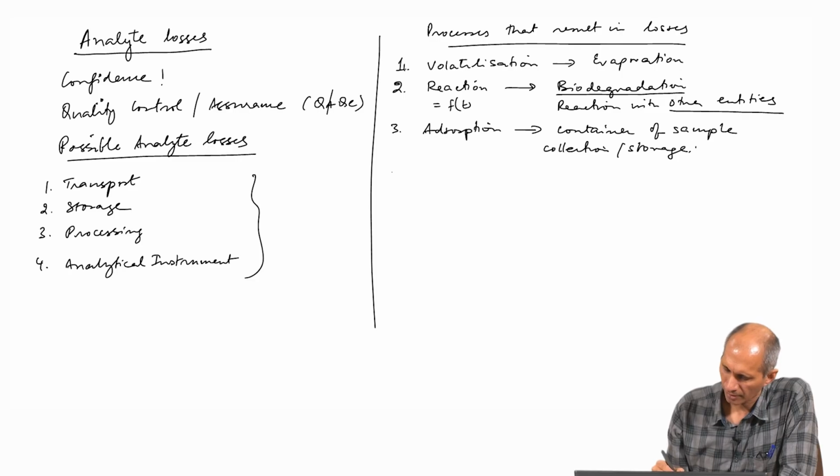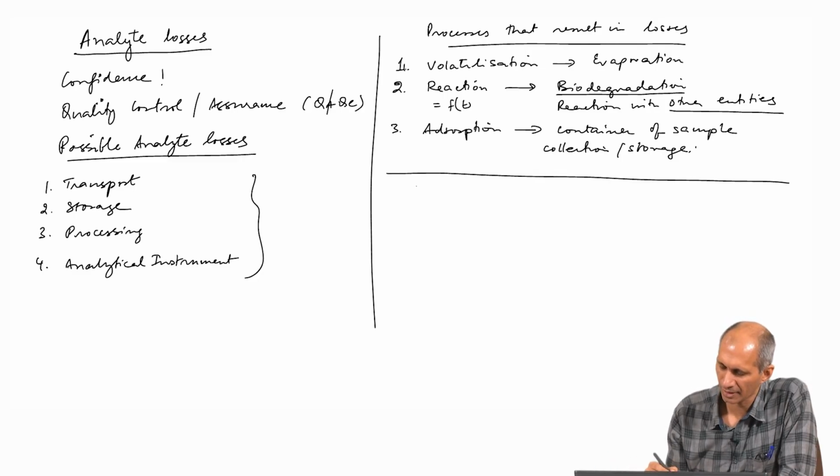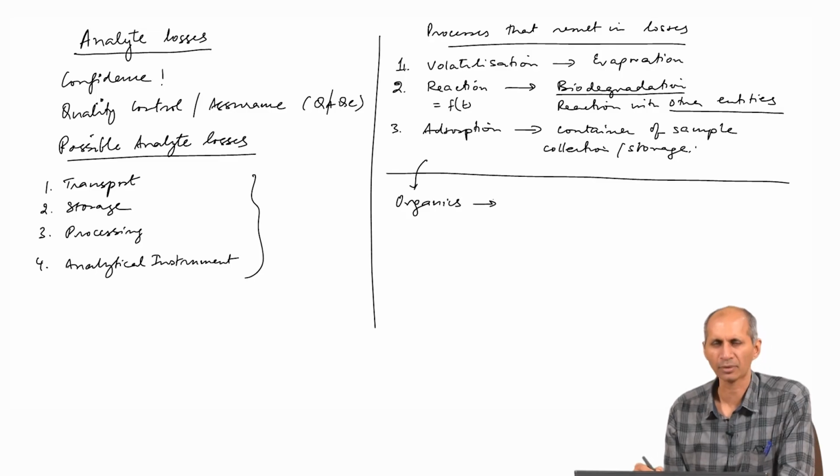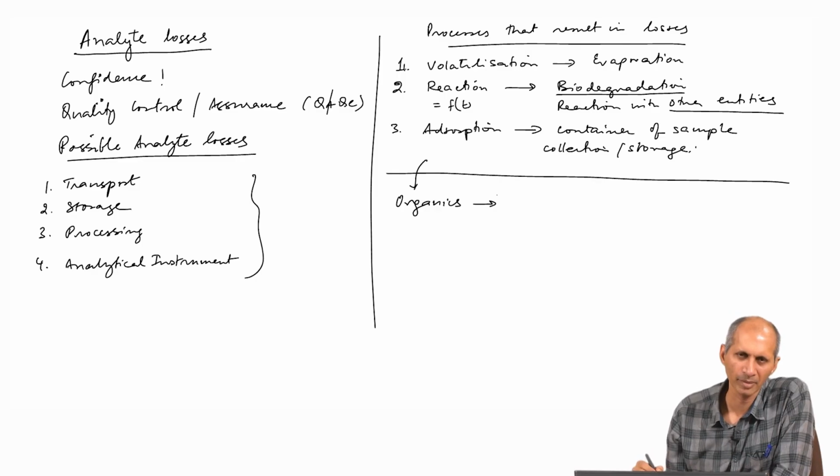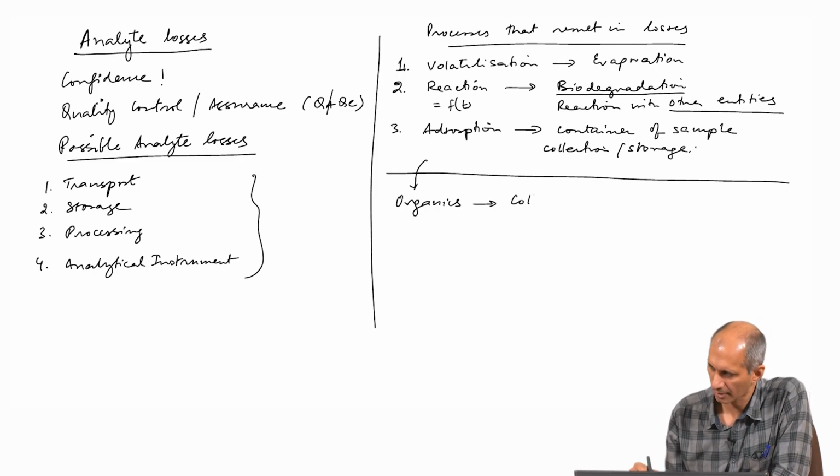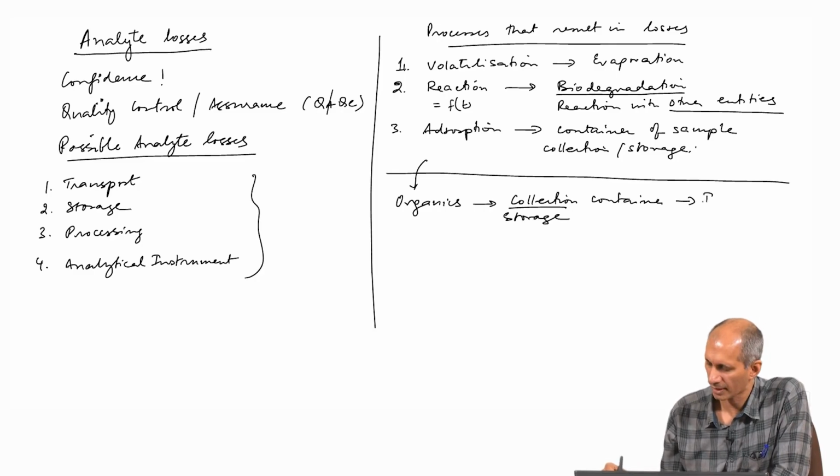When you look at the design of the sample collection and analysis processes, to reduce these three things, we keep this in mind when designing processes for sample collection itself. For example, if we are looking at organics, there is a general rule of thumb that organics like to bind with other organics, and therefore the collection and storage containers should be inorganic.